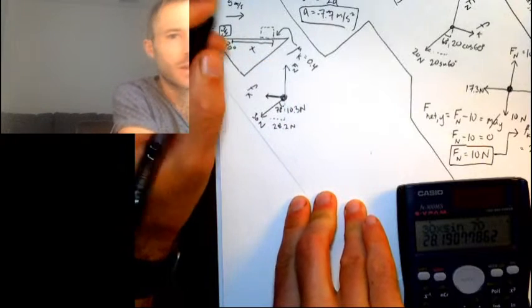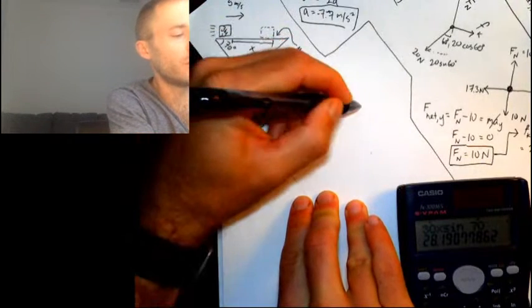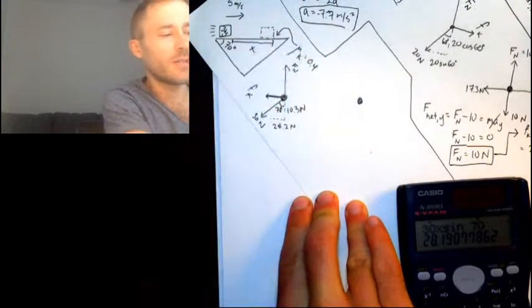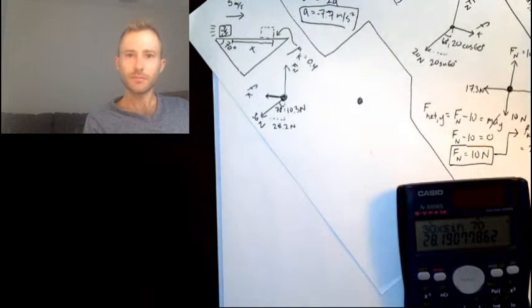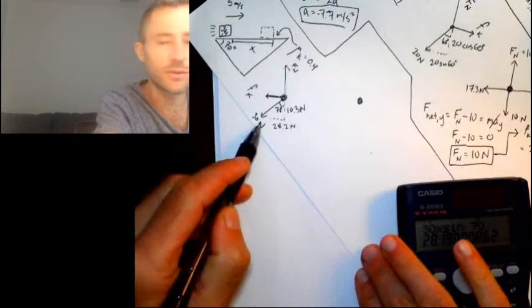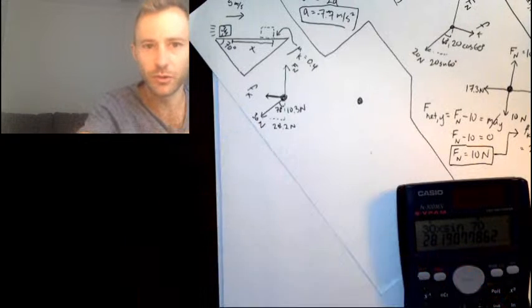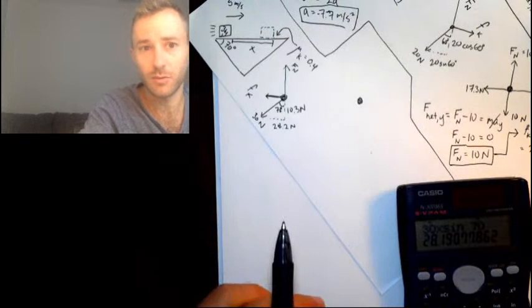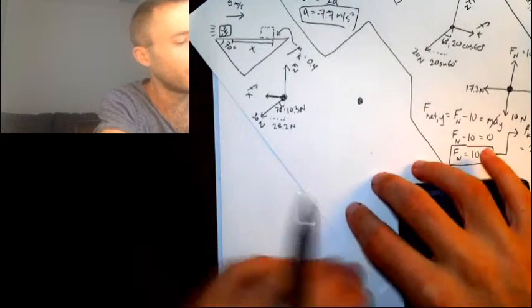Like that. So now we redraw our free body diagram, with this diagonal force being now two forces, one of them vertical and one of them horizontal.